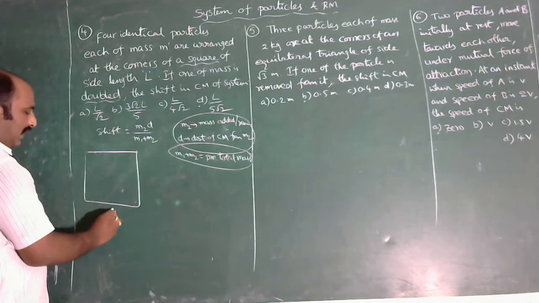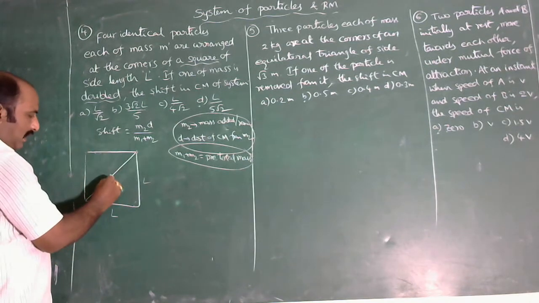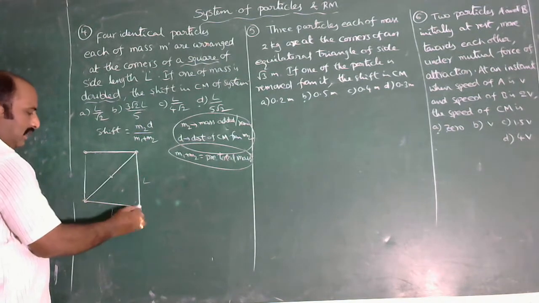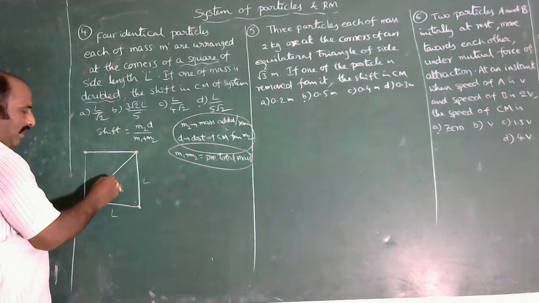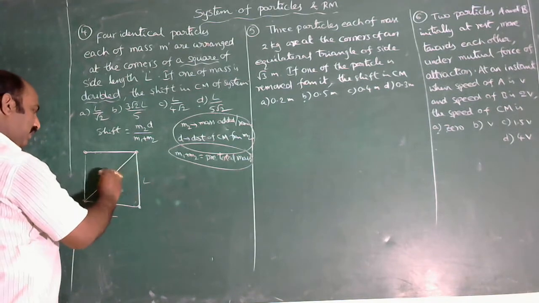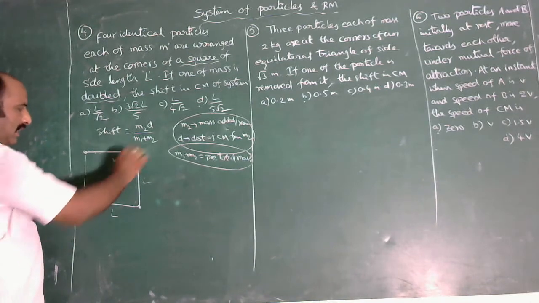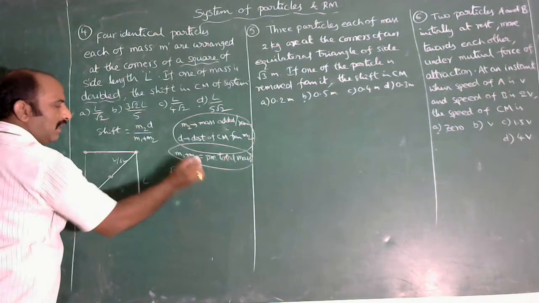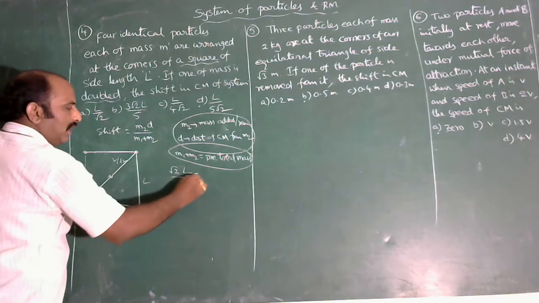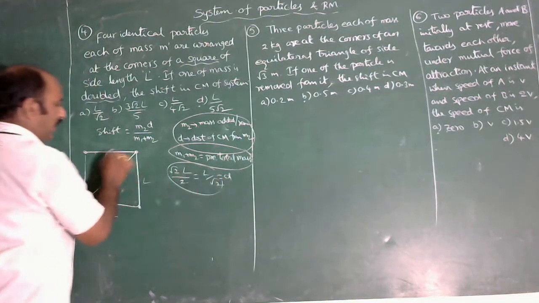Each side has length L, and the diagonal is root 2 L. Initially the center of mass is at its geometrical center, which is at a distance of L by root 2 from its corner, because the diagonal length is root 2 into L. The distance of the corner from its original center is L by root 2. Now this is the value of d.